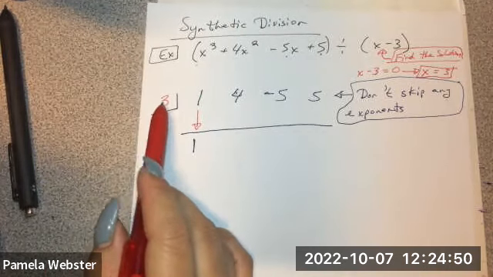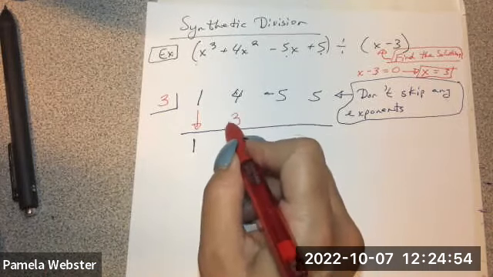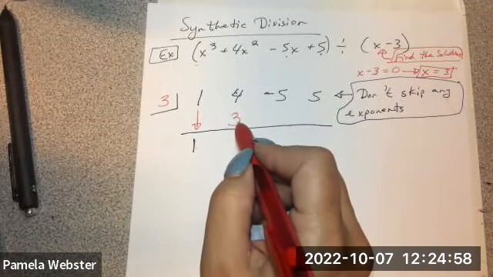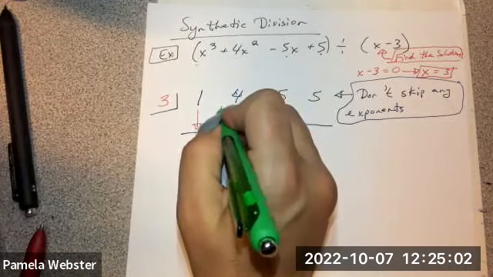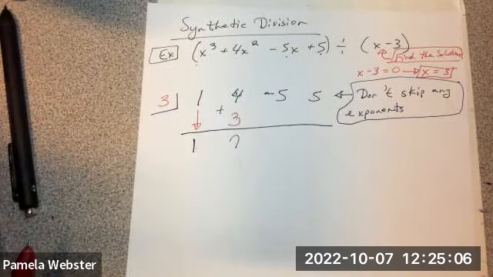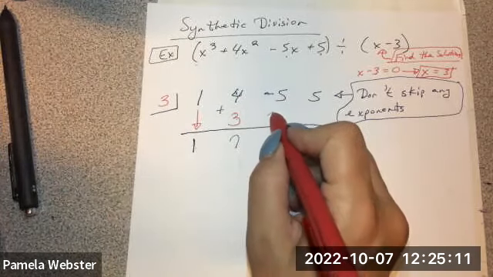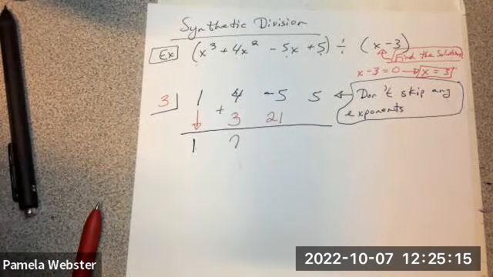And then I've got 3 times 1 gives me 3. So I write it up here, okay? Multiply. 3 times 1, that gives me 3. That goes above the line. And then the process is we add. 4 plus 3 is 7, okay? Multiply. 3 times 7 gives me a 21. That goes above the line. And then we add.